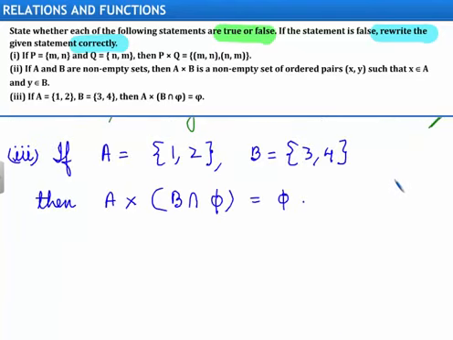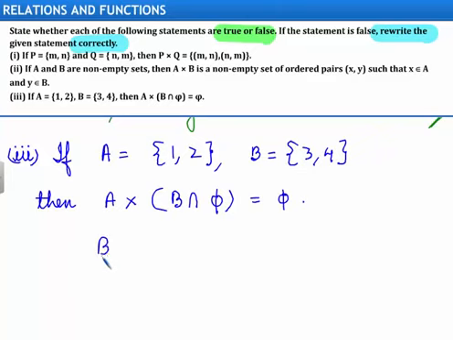The third statement given to us is: set A is equal to {1, 2}, set B is equal to {3, 4}, then the Cartesian product of set A and (B intersection phi) is equal to phi. We have to say if the statement is true or false.